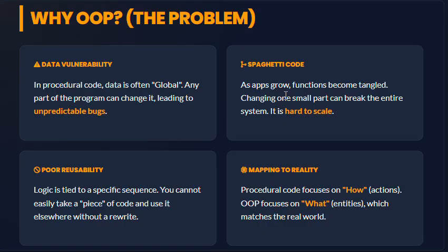It leads to spaghetti code, a tangled mess where changing one small thing breaks the entire system. It's hard to scale and even harder to reuse. OOP was created to fix this by mapping our code to the way the real world actually works.